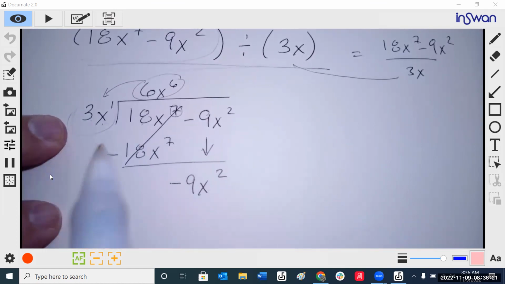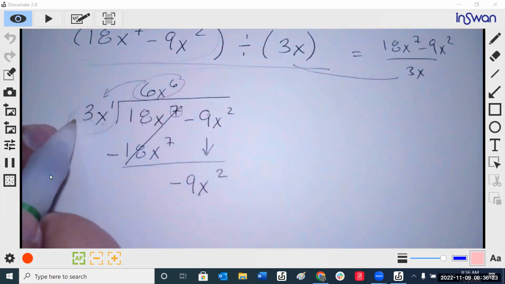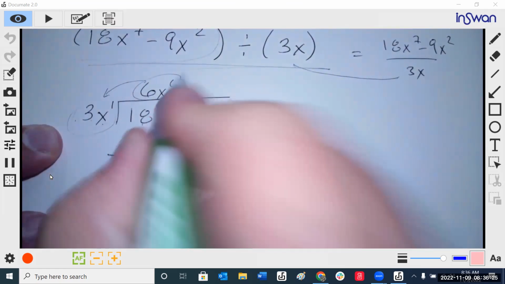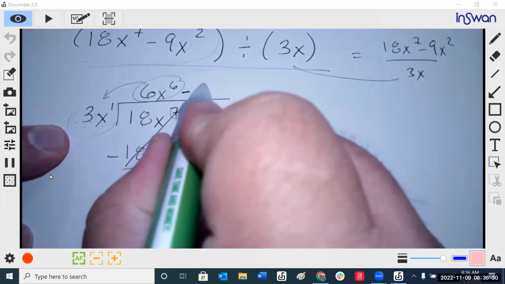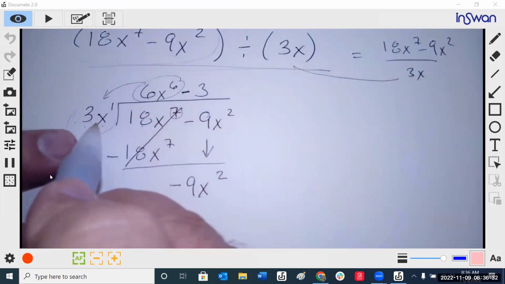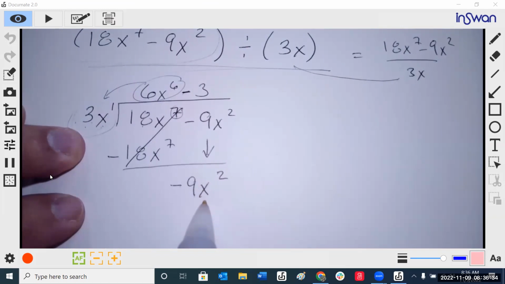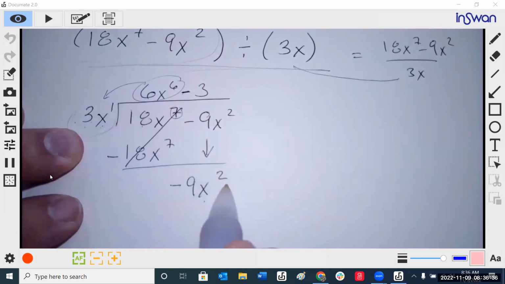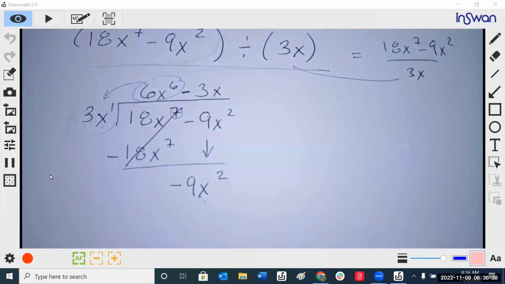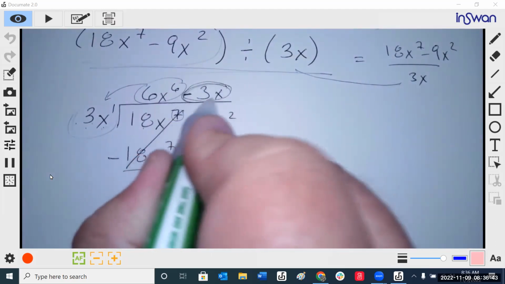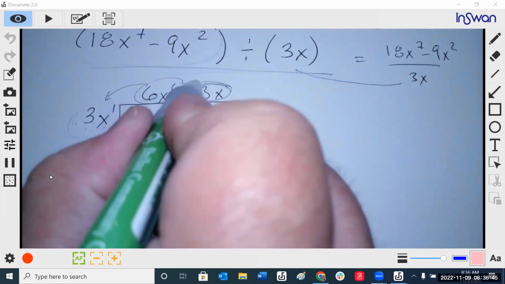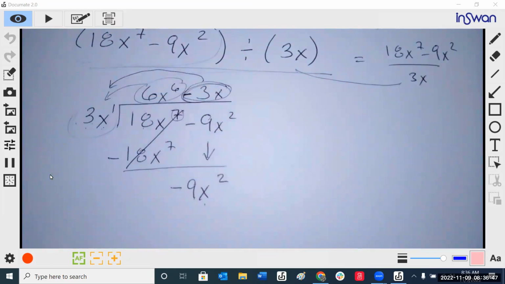Right. Now it's the easiest way to figure out what goes here. Positive times negative is a negative. 3 times what is 9? 3. How many more x's do we need? Yeah, it has 1 there. We need to have 2, so we're missing 1 more. Now we take this whole number here, including the sign, and multiply it to that one.